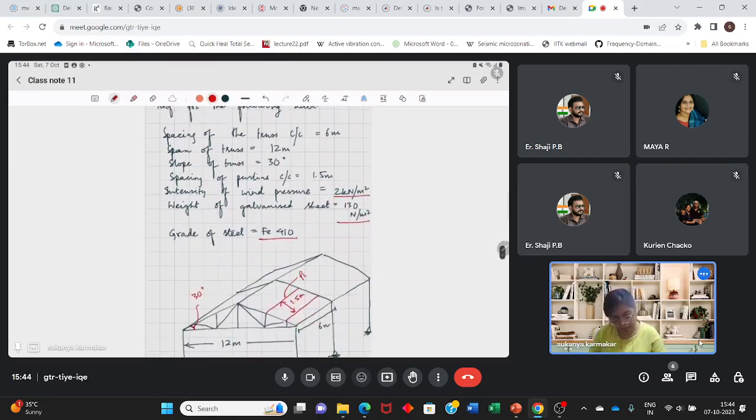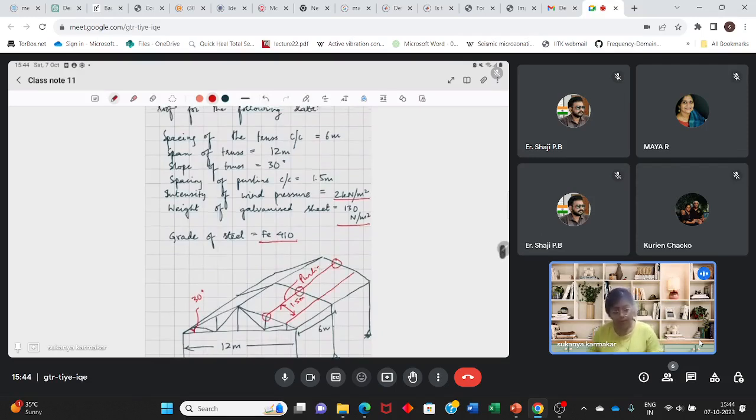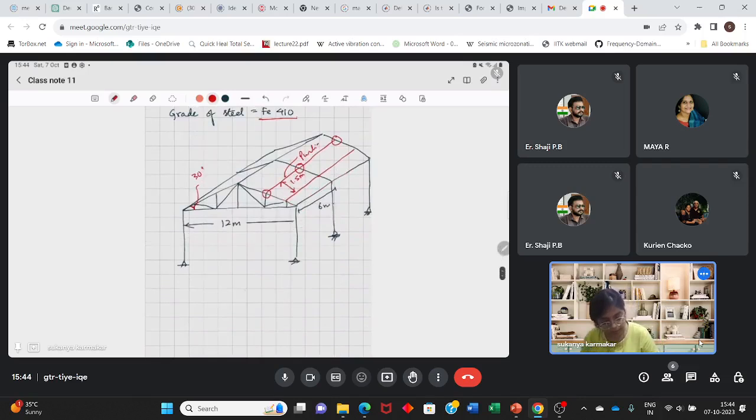This is nothing but the purlin. The purlin will run throughout and it will be designed as a continuous beam because it is supported here, here, and here. So basically, it is a continuous beam of this sort where these are the supports.